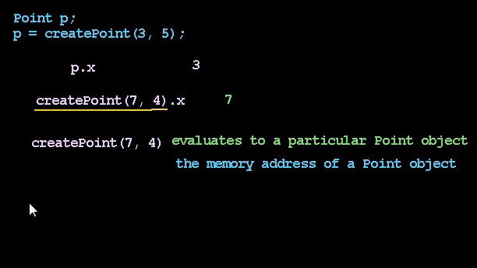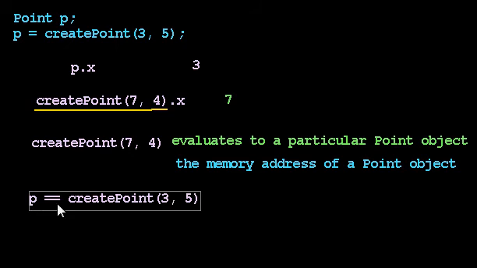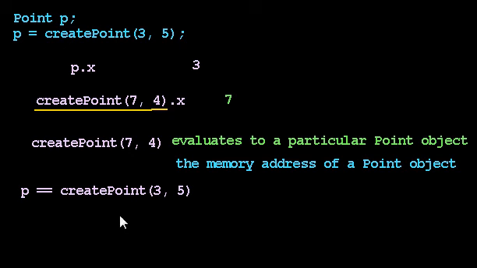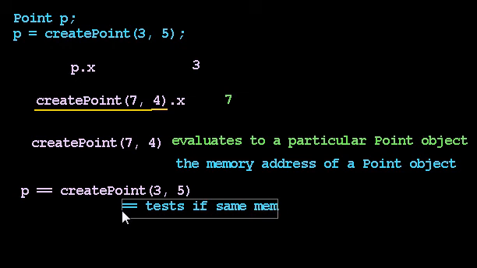So for example, if we now ask p equals equals create point 3, 5. So I'm comparing, that's two equal signs here, although for some reason it's connecting them in this font. I'm comparing, does p equal this point I created with 3, 5? Well, does it? It does not, right? It doesn't. Because this equals tests if same memory address.